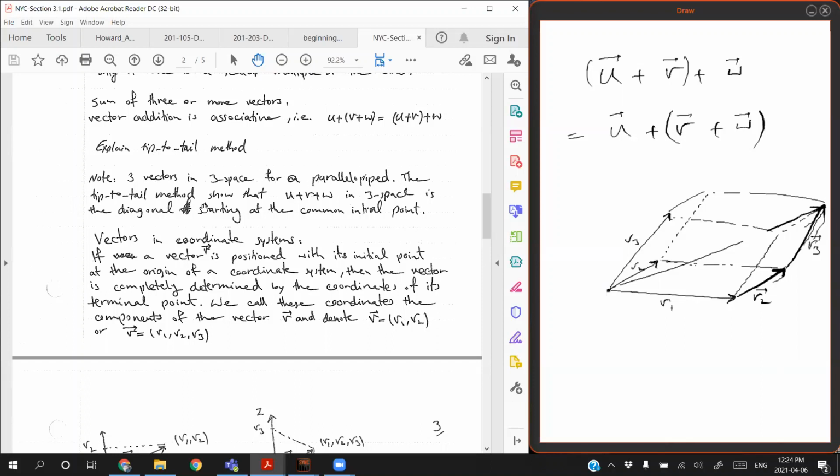So we have three vectors in three space forming a parallelepiped. The tip to tail method shows that u plus v plus w, or in that diagram here, v1 plus v2 plus v3, in three space is the diagonal of this volume, starting at the common initial point, going towards the opposite corner on the other side. Is this clear?